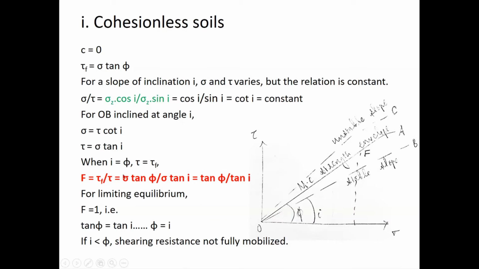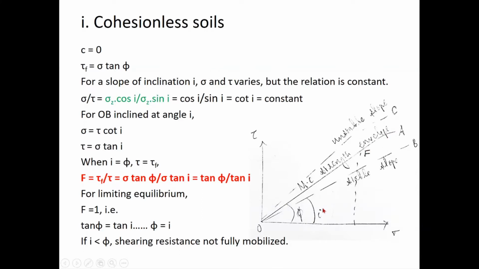So when this I approaches phi, that means the slope angle reaches the maximum angle of internal friction of that soil. When I is equal to phi, in that condition my tau on that line will be equal to tau f, correct? So it will reach the maximum sigma and tau combinations that soil can withstand, right?